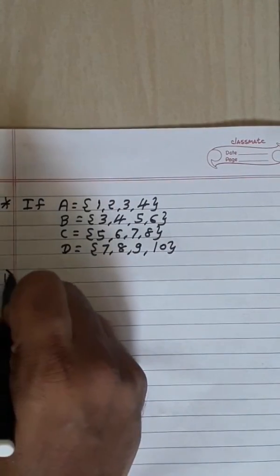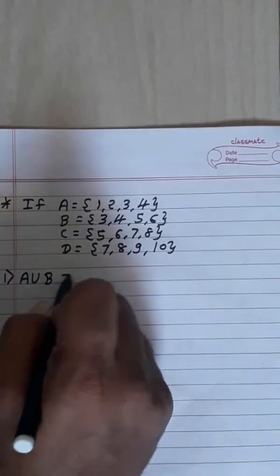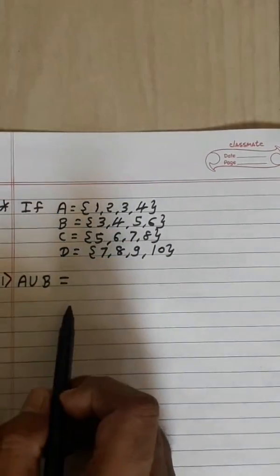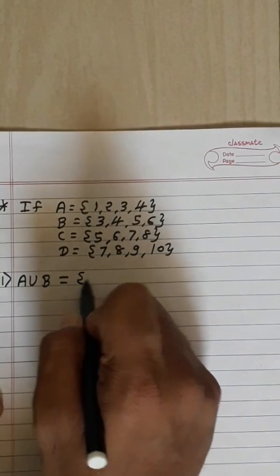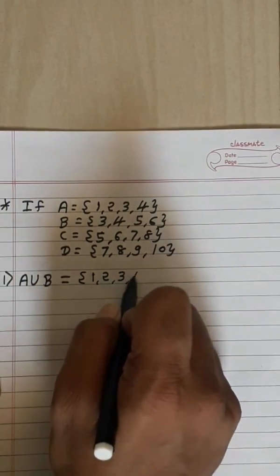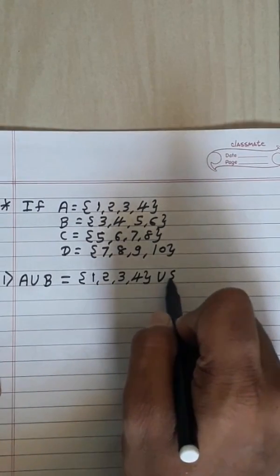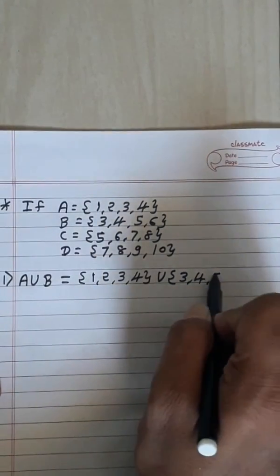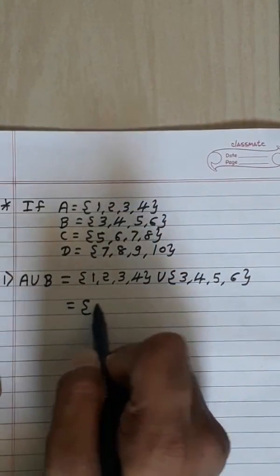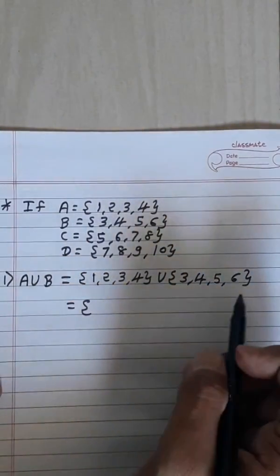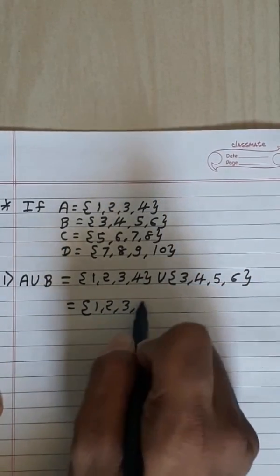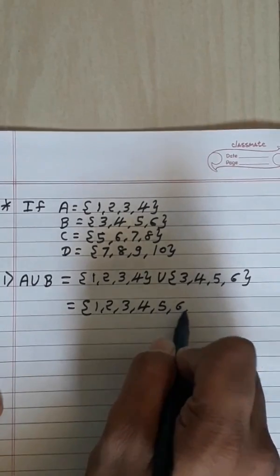Now the first question: find A union B. First of all we write all the elements of set A: 1, 2, 3, 4, union the set B, that means 3, 4, 5, 6. So it is equal to all the elements of set A as well as all the elements of set B: 1, 2, 3, 4, 5, 6, set over.